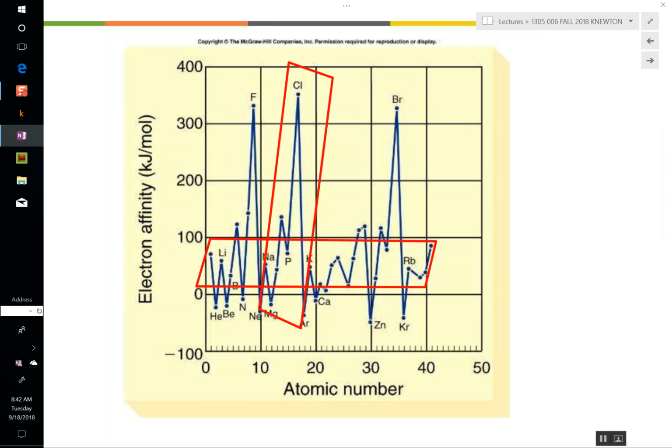But we're saying that if you add an electron to chlorine, you release quite a bit of energy. And adding an electron to sodium, you only get maybe 50 kilojoules per mole, but here you get 330 or so.